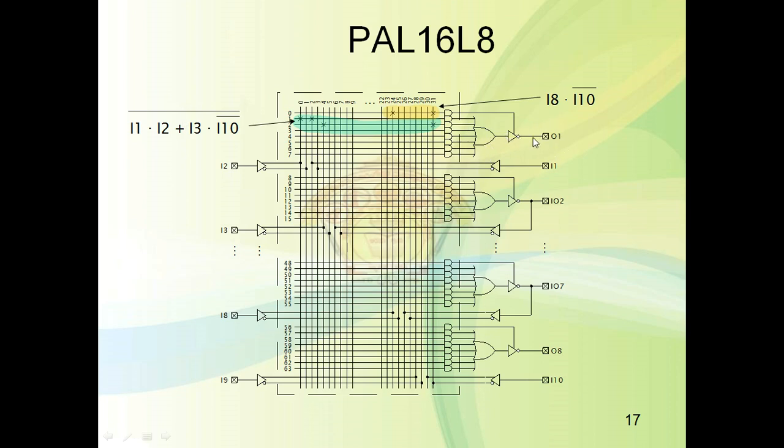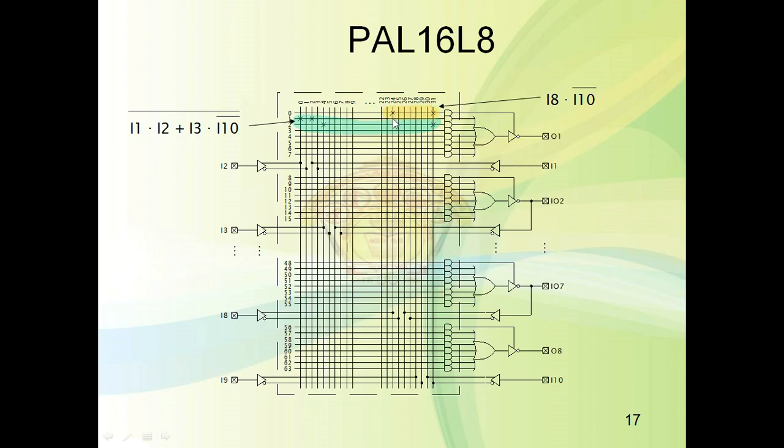When will it be given to the output? When this tri-state buffer is activated, and this will be activated on this product term. What is the product term? Now we will see. The output will be enabled when these are active. How is it calculated? What is the function for it?